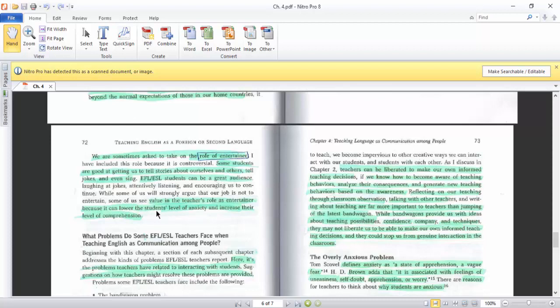If you succeed in lowering students' anxiety, you increase their level of comprehension. If the classroom and the students feel comfortable without anxiety, this can increase their level of comprehension. Thank you so much.